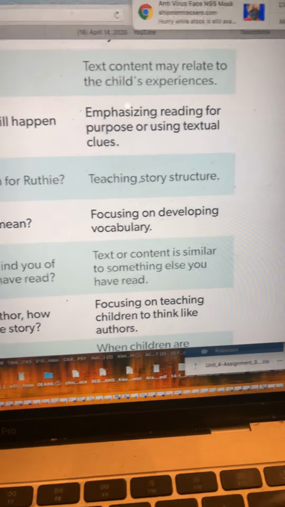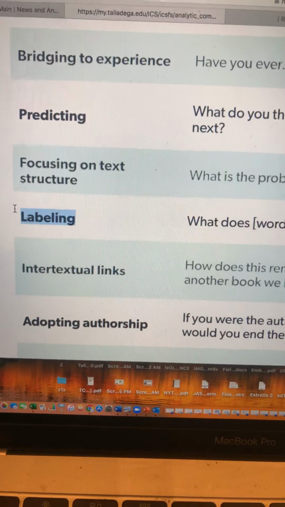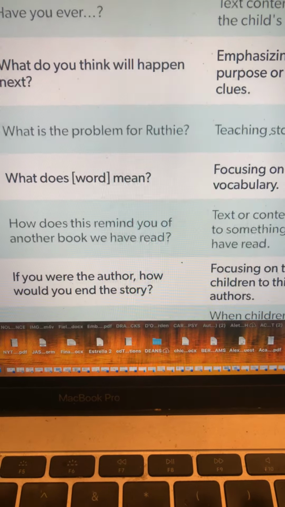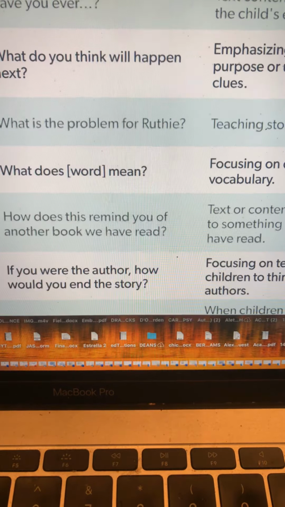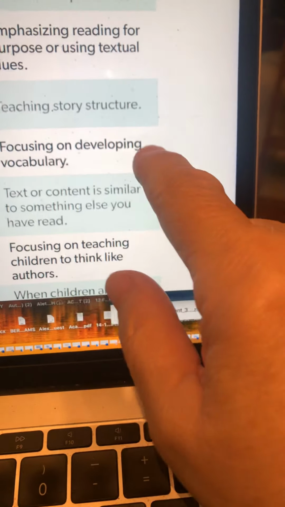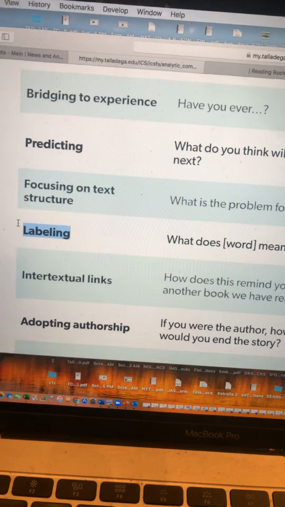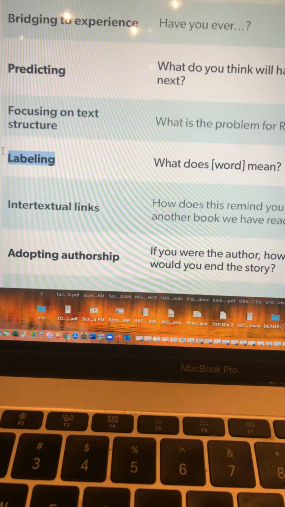So if you find a word in a story that you want to talk about and you want to find out if they know, you can use the technique of labeling and ask the question, what does conniption mean? Focusing on developing vocabulary is when you would use this technique of labeling. And just remember, labeling is nothing more than checking in to see what the kids know about the words.